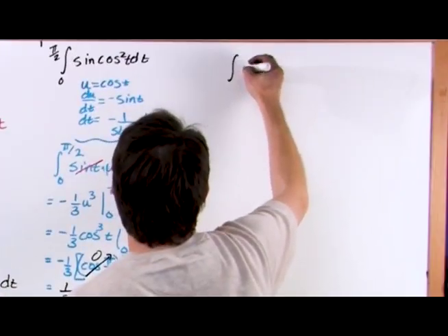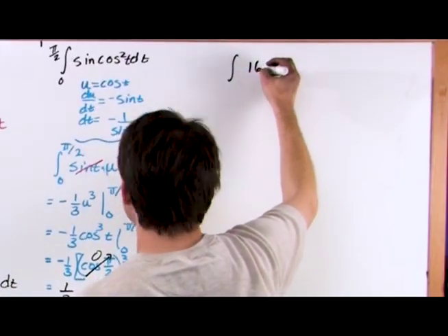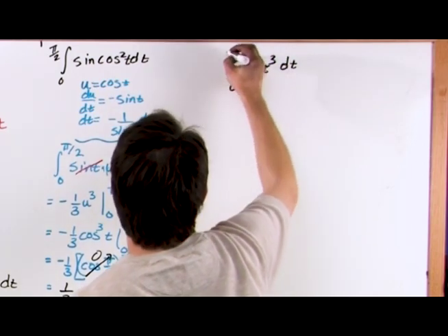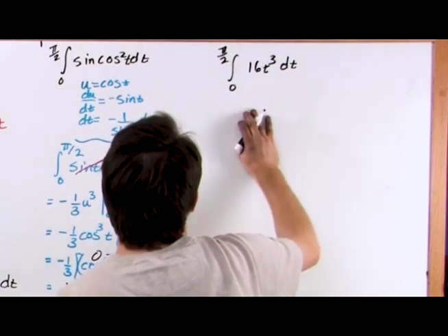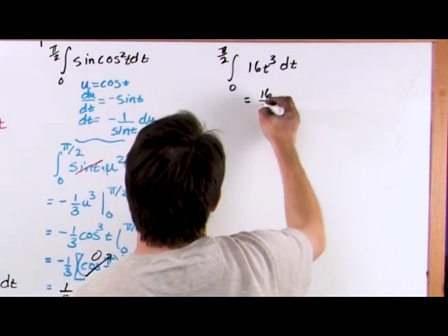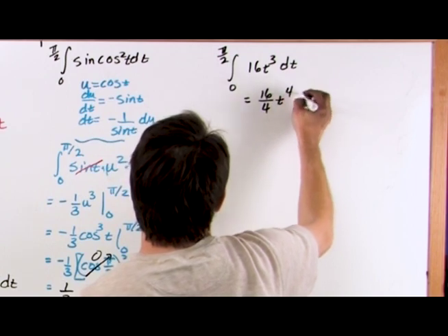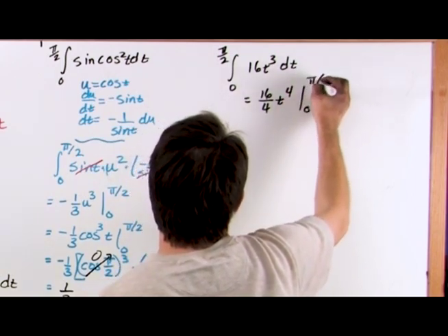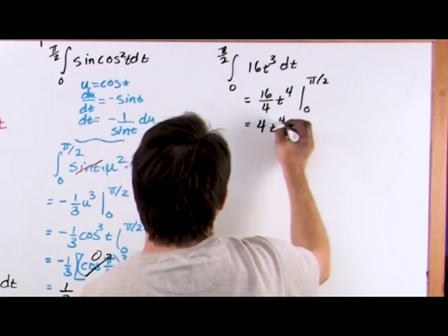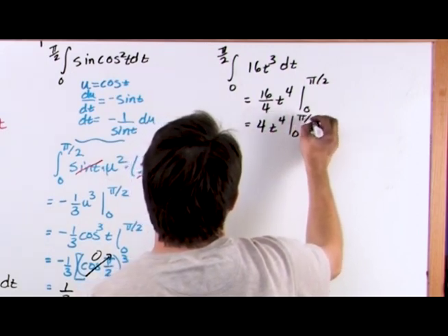The integral of 16 t cubed dt from 0 to pi over 2. That's a simple polynomial integral, so you're going to have 16 over 4 t to the 4 from 0 to pi over 2. So that's just going to be 4t to the 4, from 0 to pi over 2.